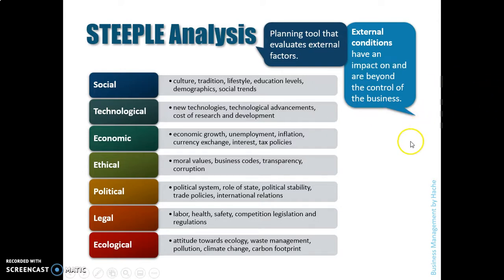Now, the STEEPLE analysis has evolved over time. Now we look at these 7 factors. Before the STEEPLE analysis, there was the PESO analysis. It was the same, but only 6 of the 7. Ecological was not part of the list, so people just took a look at the other 6, but ecological factors were not considered years ago.